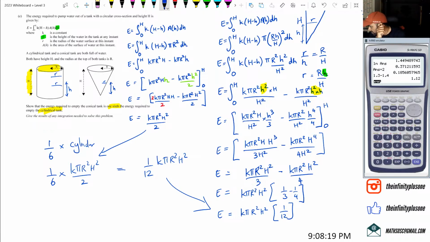Yeah, tech gaming. The capital H is the height of the cylinder, right? But the little h is the water as it's actually filling up the cylinder and the cone. Now with the cylinder, the radius is not going to change, because when you pour water inside a cylinder, the surface area of that circle is always going to be constant going up, right?